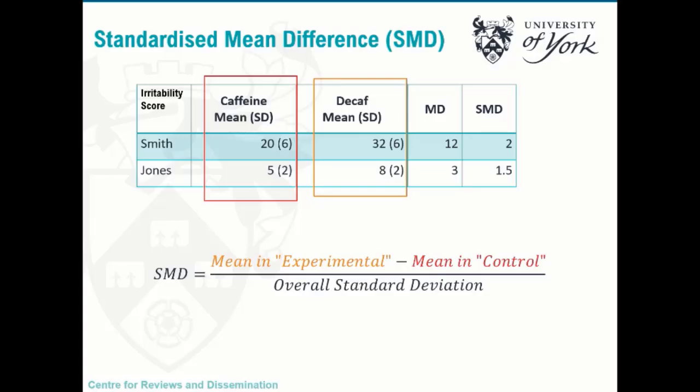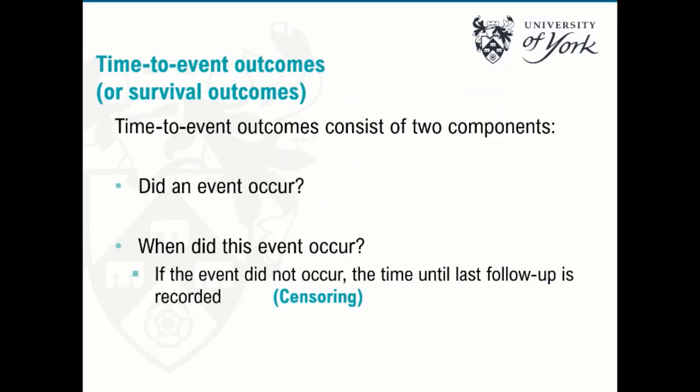Therefore, the standardized mean difference would be 12 divided by 6, which is equal to 2. We can do the same calculation for the Jones study, where the mean difference would be 8 minus 5, which is equal to 3, and as the standard deviation is 2, the standardized mean difference would be 1.5, which is 3 divided by 2.